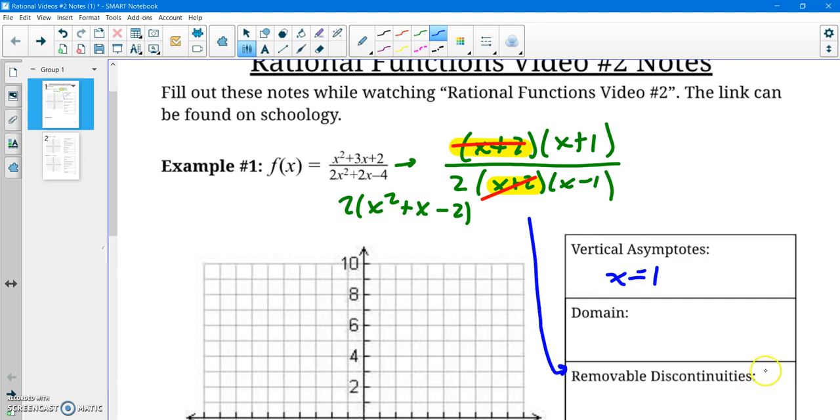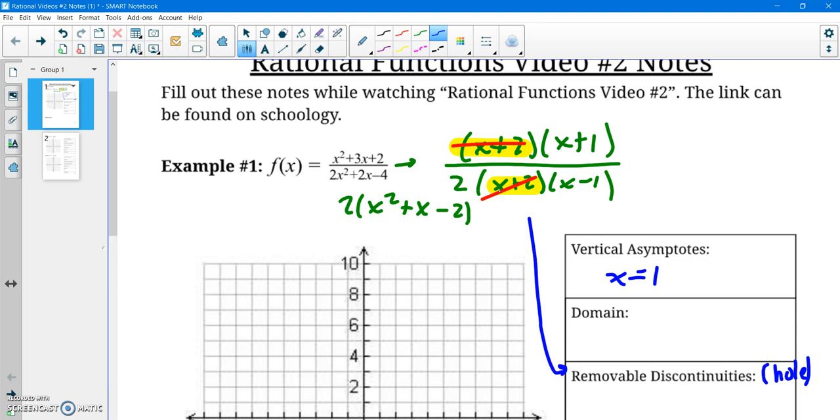I know that's a fancy weird word, and we'll talk a little more about what that vocab means later in the year. But what it really is in the graph is it creates a hole in the graph. So basically you can cancel it out and ignore it, except just at the point x equals -2, you get a hole in the graph.